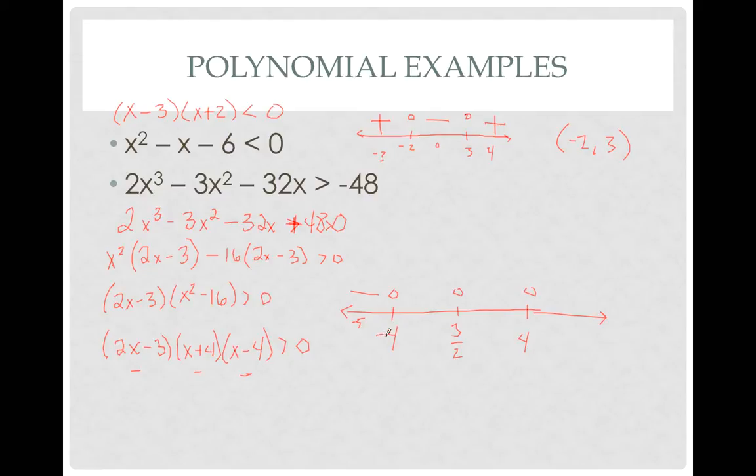All right, between -4 and 1.5, there is a 0, so 0 is nice. I can come back up here to the original, plug in 0, and I get plus 48.